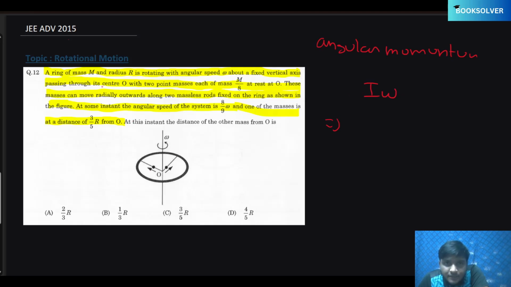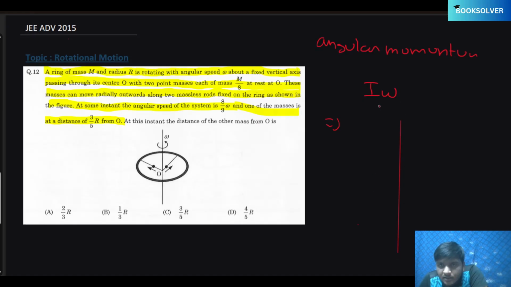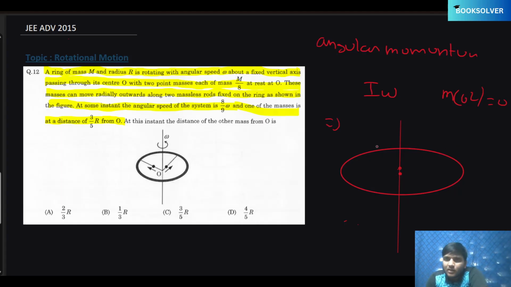So initially, let me draw this diagram first. Suppose this is our axis, and we have a ring here. Initially, those two particles of mass m by 8 are at the center, so their moment of inertia is nothing but m into 0 square, that is 0. So initially there is no contribution of them in the angular momentum.